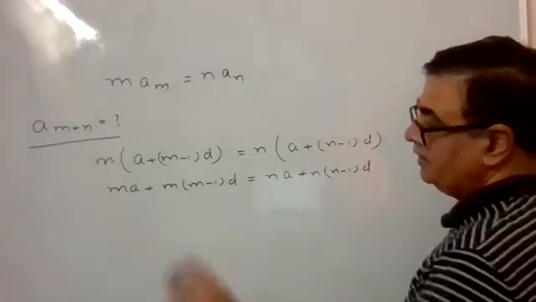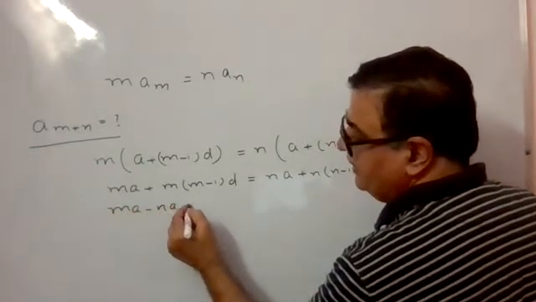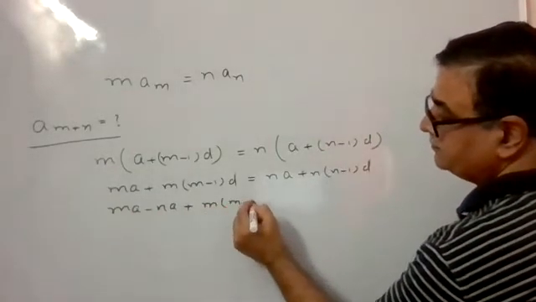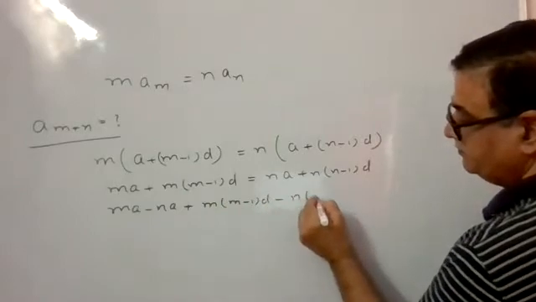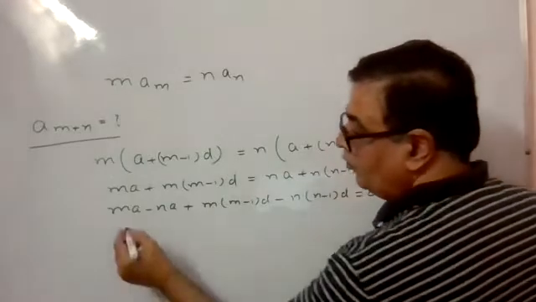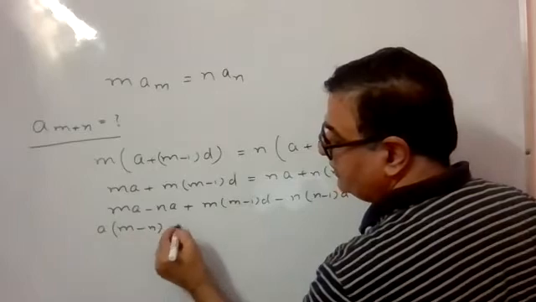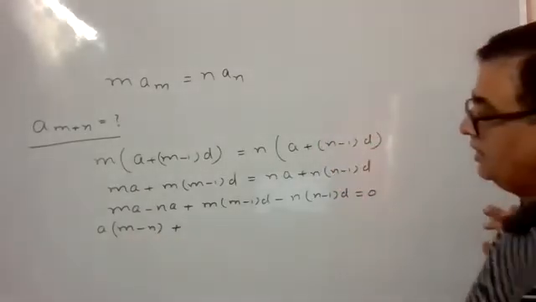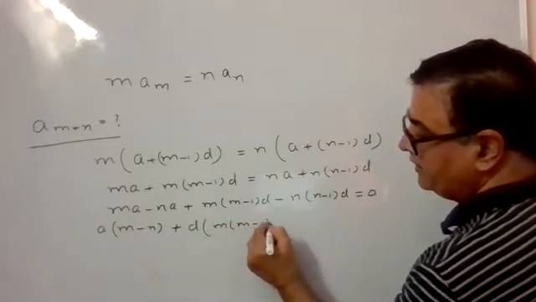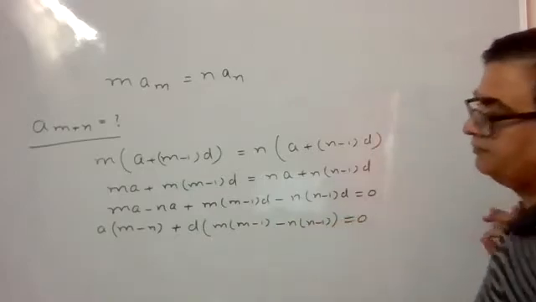Take the terms of a together, so ma minus na, and then the d terms together. We can write this way. What is common here? a is common, so left is m minus n. And d is common here, so left is m into m minus 1 minus n into n minus 1 equal to 0.